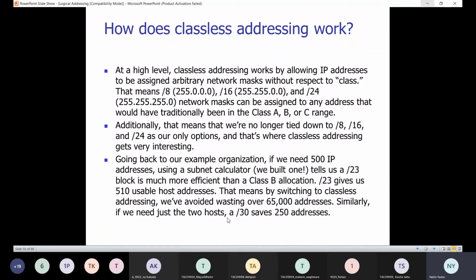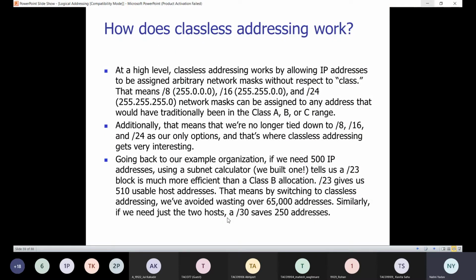Now, how does this classless addressing work? Let's look into detail. At a high level, classless addressing works by allowing IP addresses to be assigned with an arbitrary network mask without respect to the class. So what does it mean? /8 is 255.0.0.0, /16 is 255.255.0.0, /24 is 255.255.255.0.